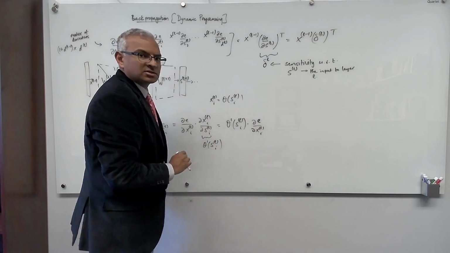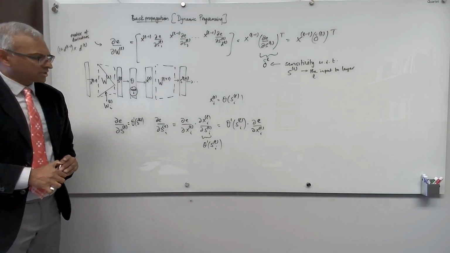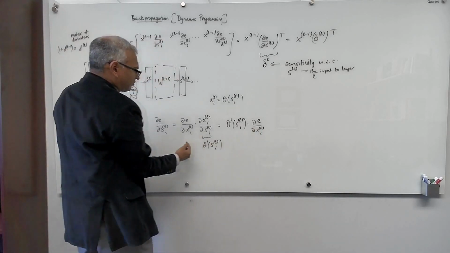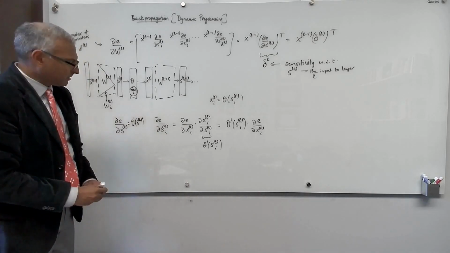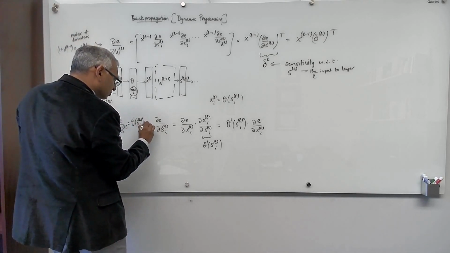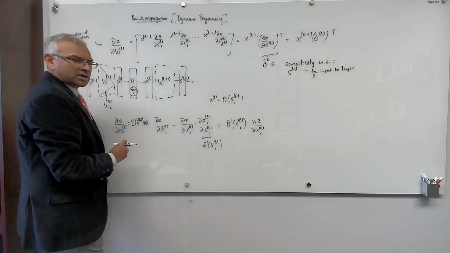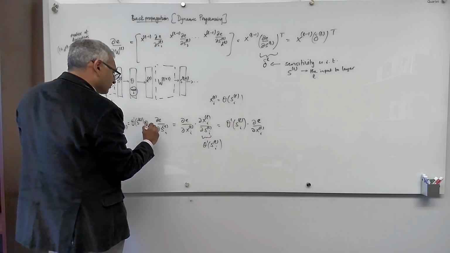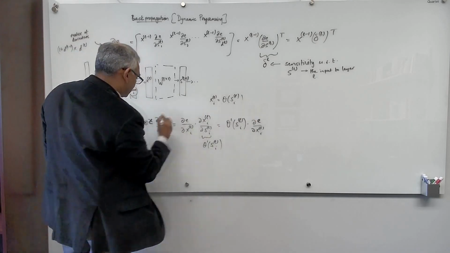I don't need to consider the augmented one because there's no product in here for the augmented one. This is only for I going from 1 to DL. I'll use the notation circle-times to indicate component-wise multiplication with the vector of derivatives dE by dXL.